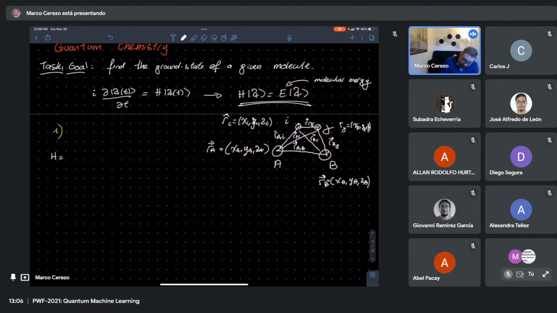Well, I know that this Hamiltonian is going to be composed of NE electrons, each one with their positions Ri, and N nuclei.